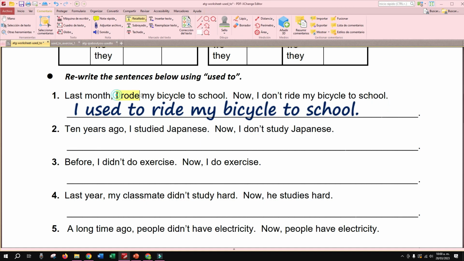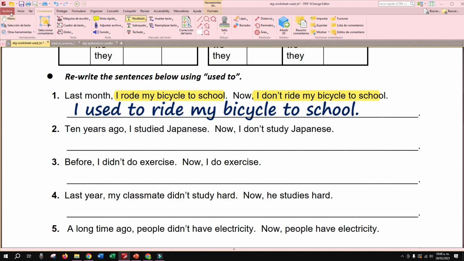So we're going to say I rode my bicycle to school. Now I don't ride my bicycle to school. So we're going to use one sentence using used to. I used to ride my bicycle to school.